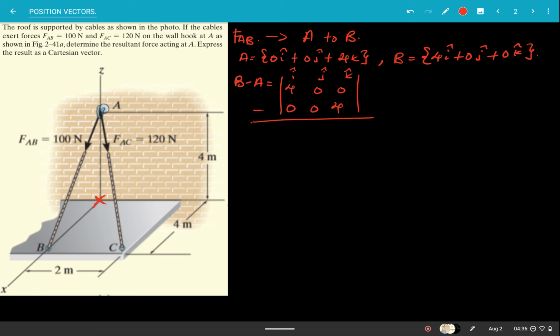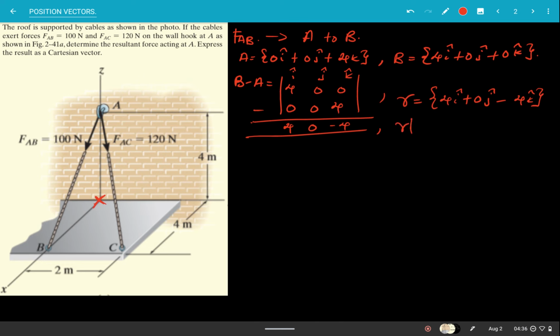Then we simply compute, and we'll have 4, 0, minus 4, which means that R, which is the position, is now 4 in the I plus 0 in the J minus 4 in the K.